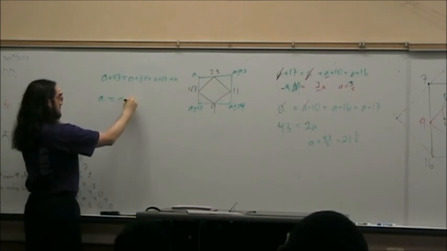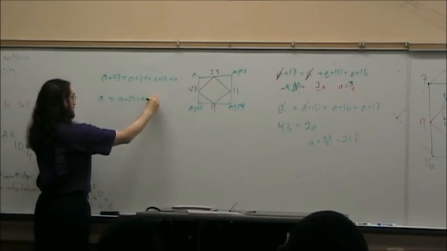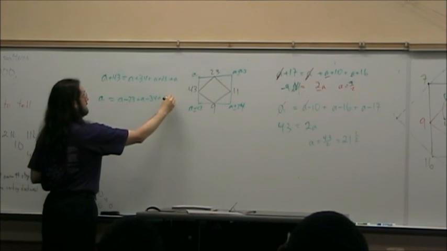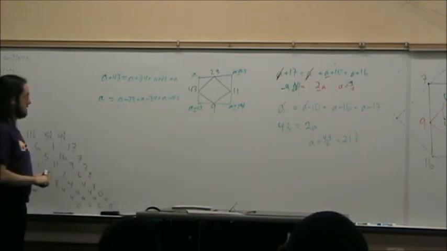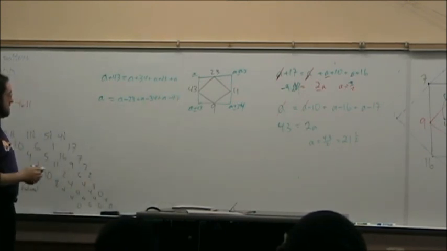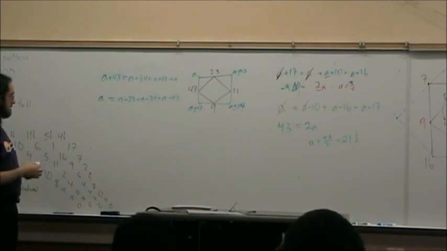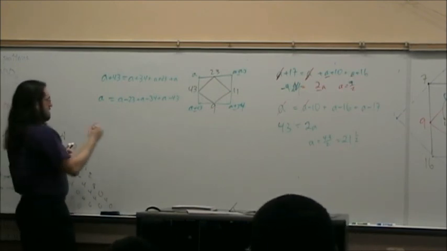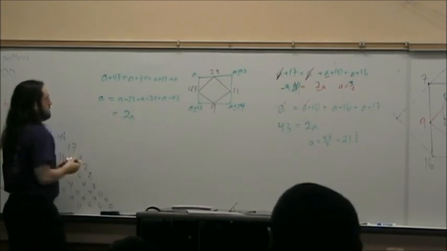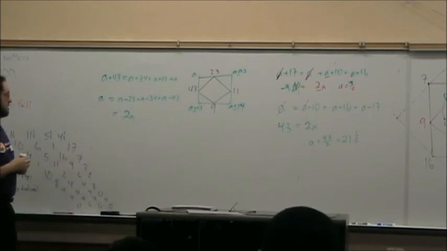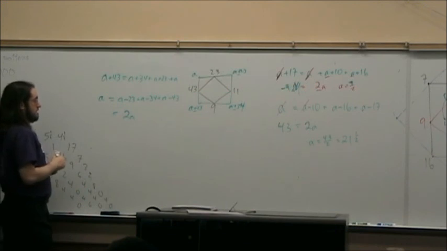A equals a minus 23 plus a minus 34 plus a minus 43. I guess that's going to give us a solution, right? It gives us 2a equals 100.